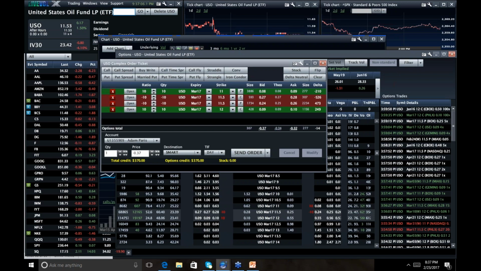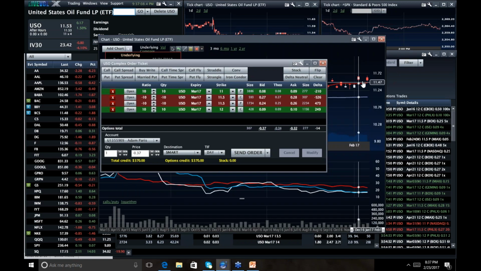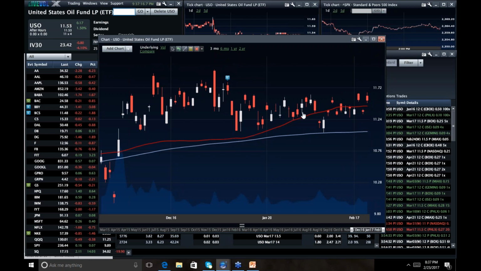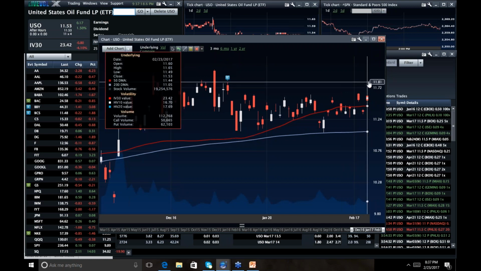And the movement, while it's been choppy, it's been pretty range bound. I mean, let's just look at price here. This thing has been basically stuck between 11, been below 12.